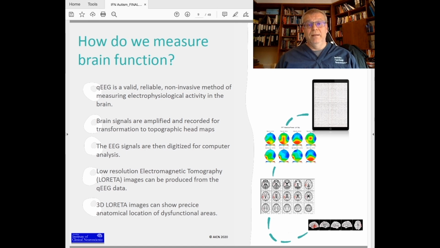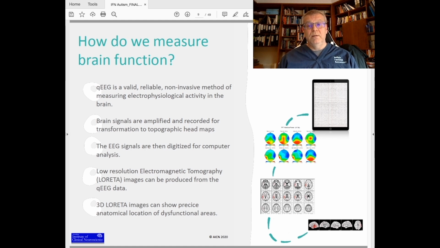It's valid, reliable, non-invasive, and it gives us an electrophysiological measurement of how well your brain is doing in a variety of areas across your brain. So we take the signals from your brain and we amplify those so that we can see with our eyes and have other technology like topographic maps, like are shown in this picture here, the red and green and blue little heads.